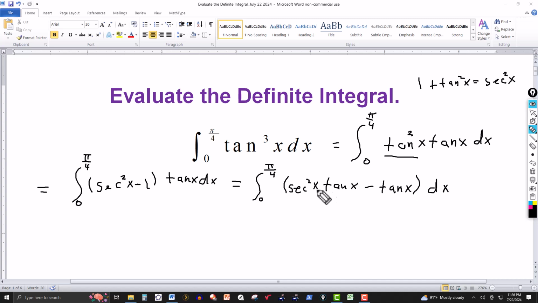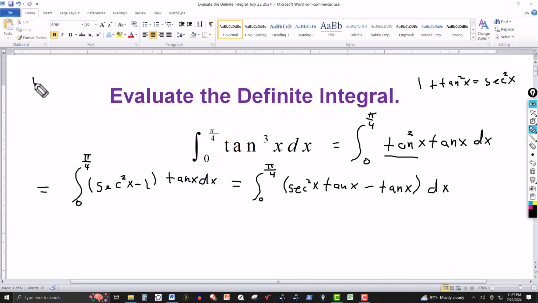And you can break this up into two integrals, or we just do each one separately here. So I'm going to look at this one by itself first. I know that the derivative of tangent is secant squared.